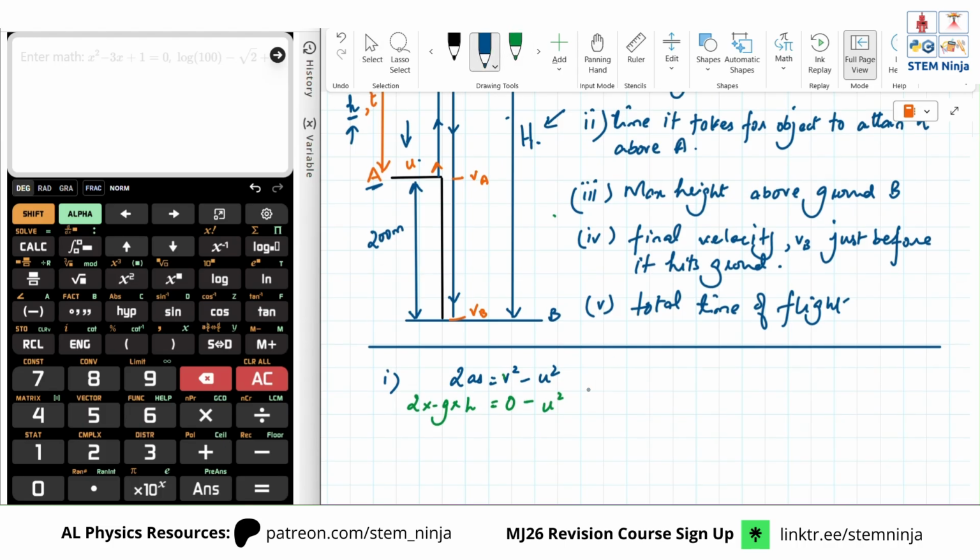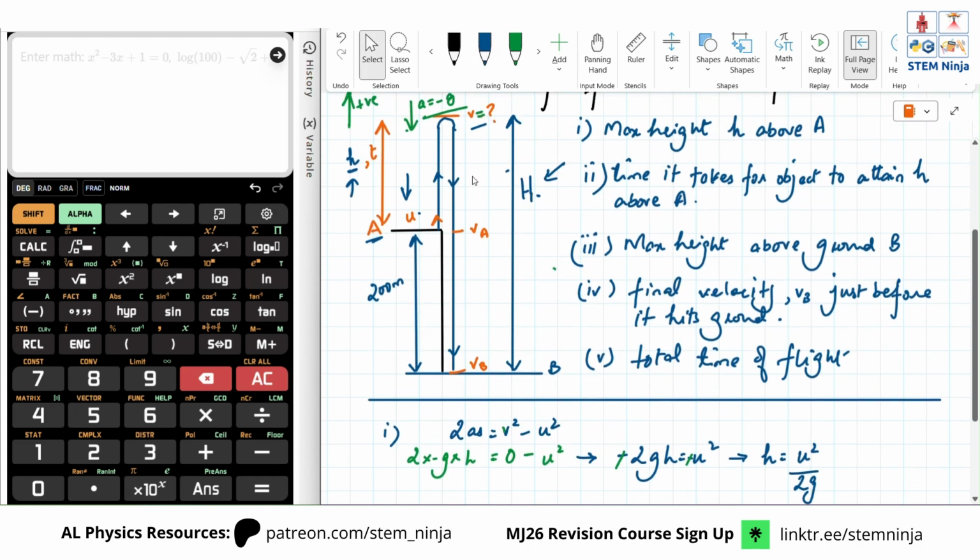This simplifies to minus 2gh equals negative u squared. The negative and the negative get cancelled, and h would be u squared over 2g. All right, just an expression.